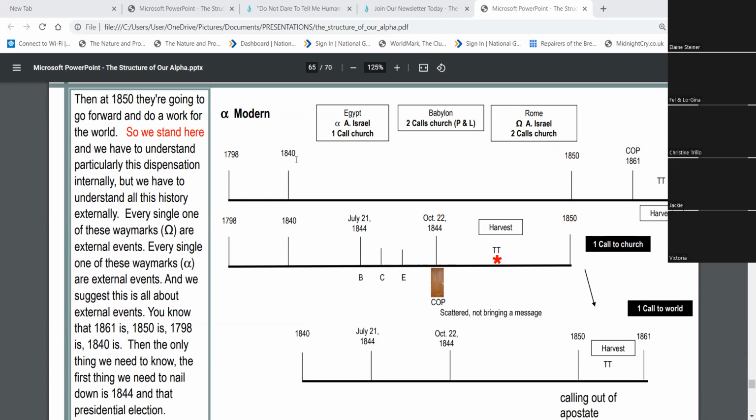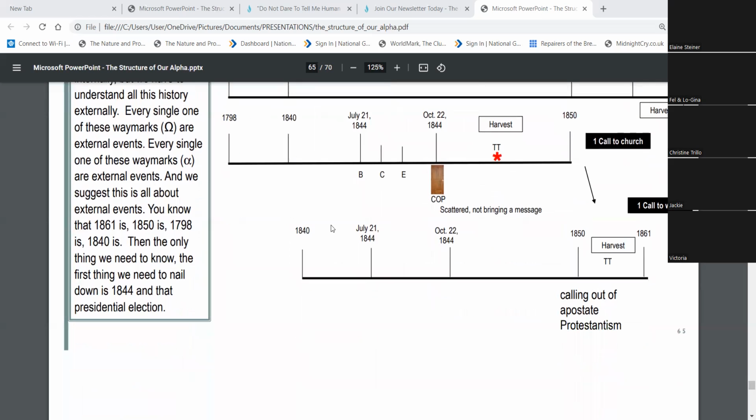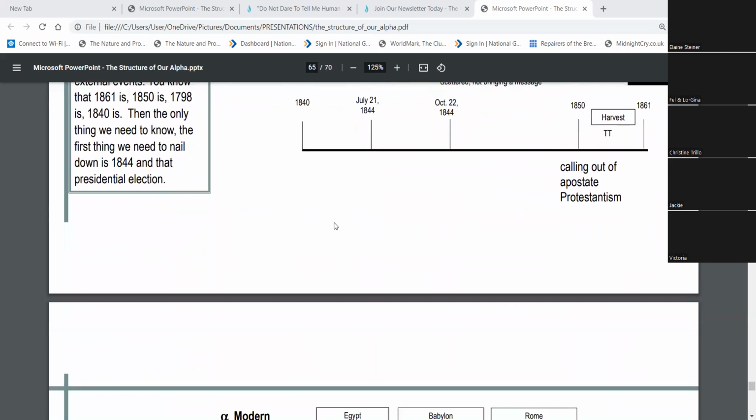And we suggest this is all about external events. You know that 1861 is, 1850 is, 1798 is, and 1840 is. Then the first thing we need to nail down is 1844 and that presidential election.